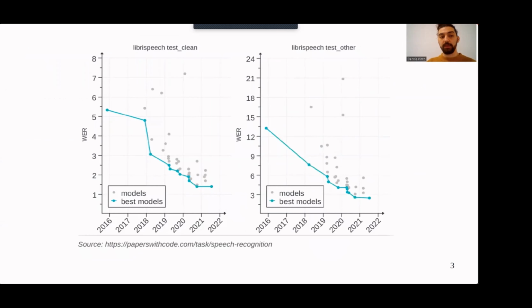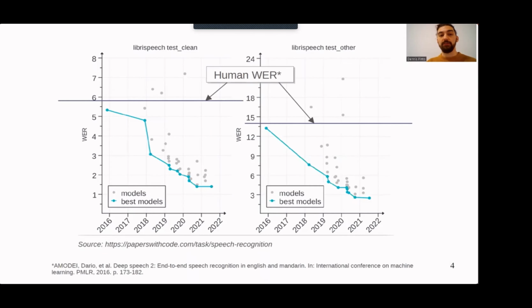Word error rate is the percentage of word errors in the transcription, so here lower is better. As a reference, we can see here the human word error rate benchmark, as presented in a 2016 paper. The authors of that paper measured human performance by hiring professional transcribers to unknowingly transcribe the benchmark.